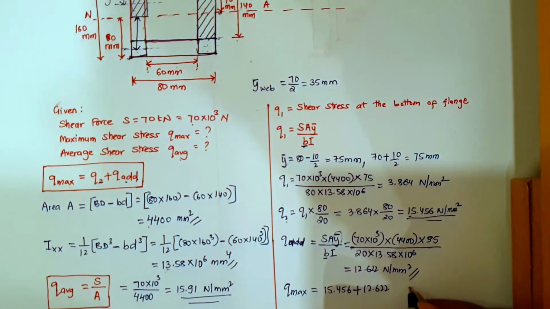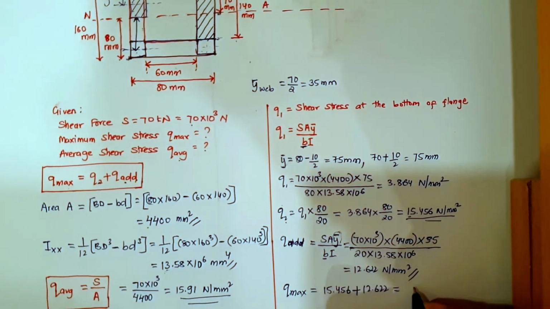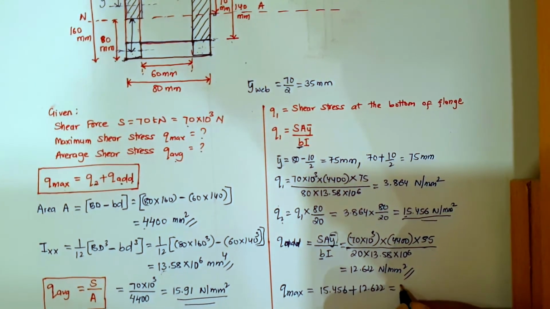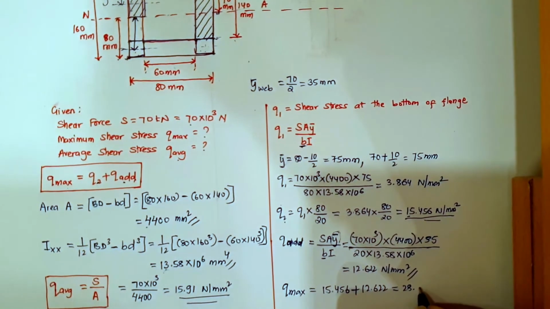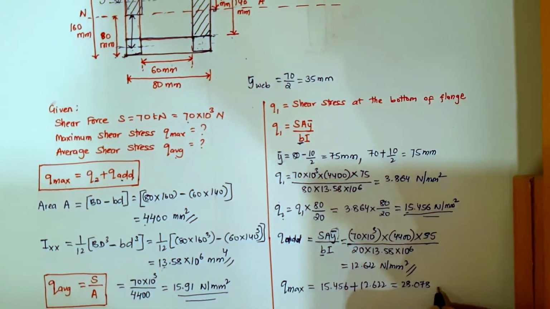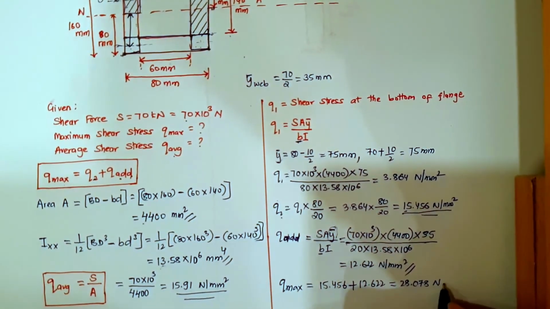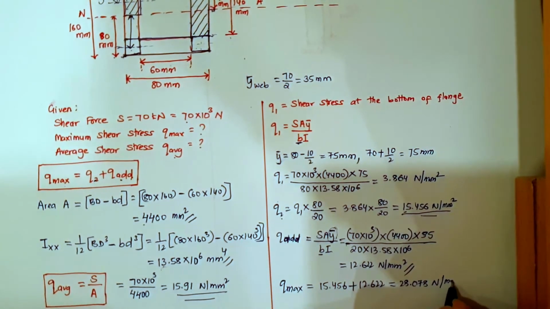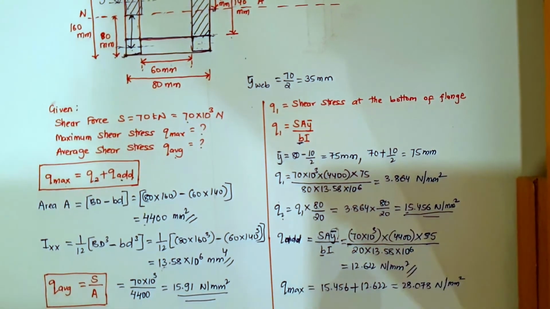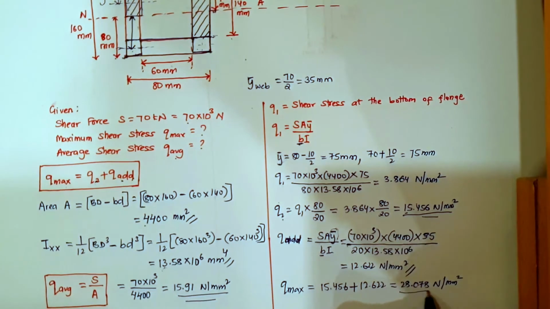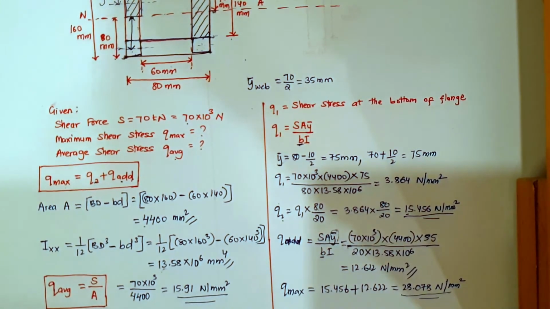So from here you will get equal to 28.078 Newton per mm square. So this is your maximum shear stress.